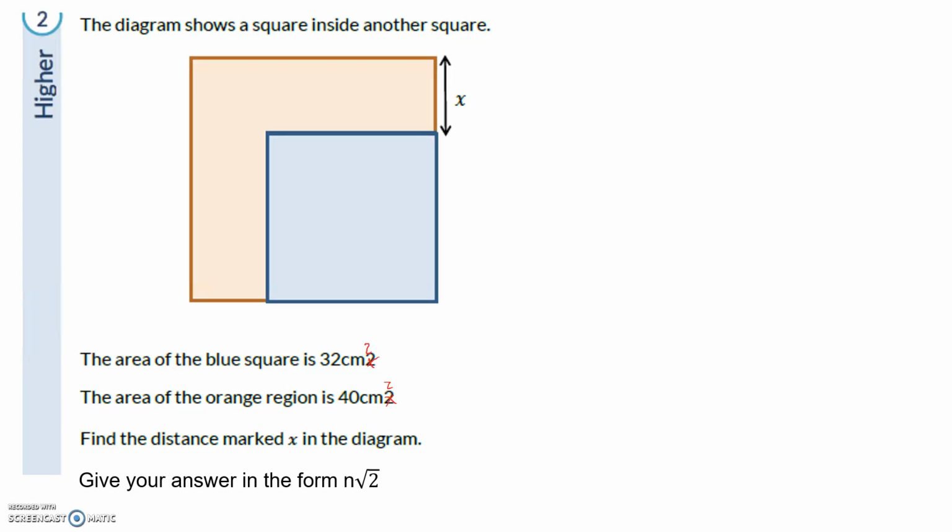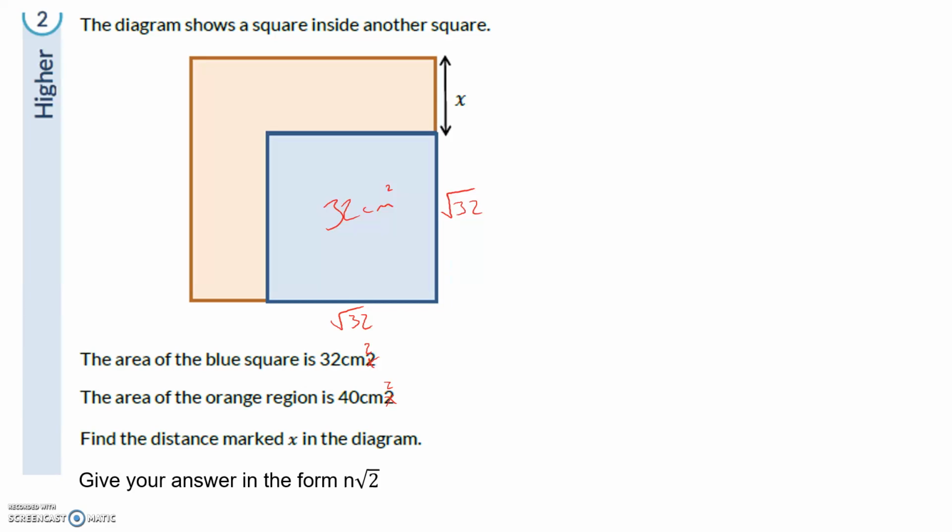The most straightforward one is to realise that the area of the blue square is 32 square centimetres. Therefore, the side length has to be root 32. That's root 32, and that's root 32, because if I do root 32 multiplied by root 32, I have to get the area, and that's 32. And what's the area of the orange region?